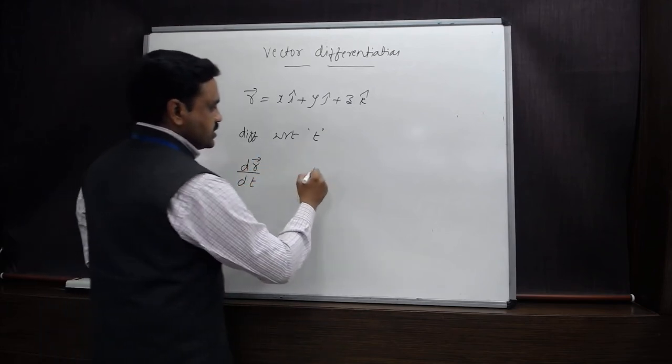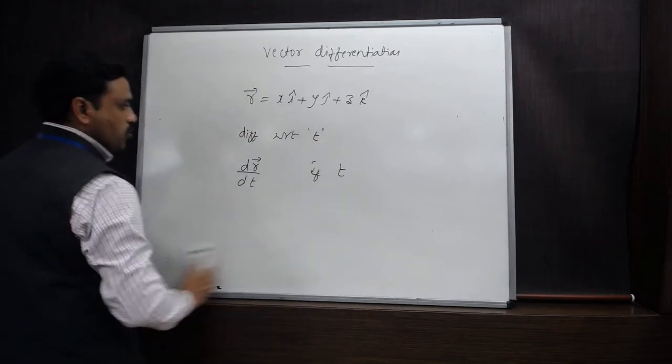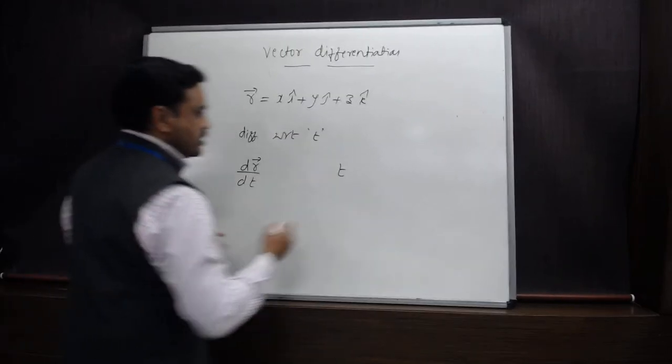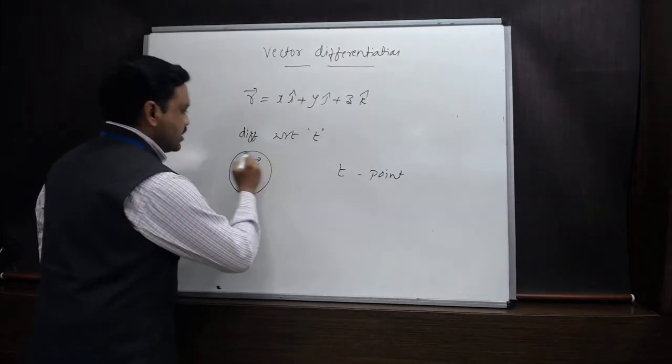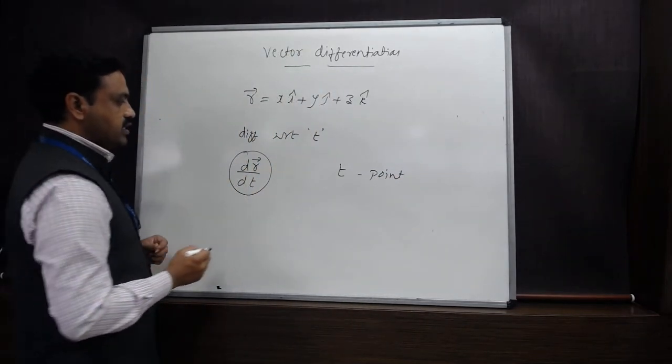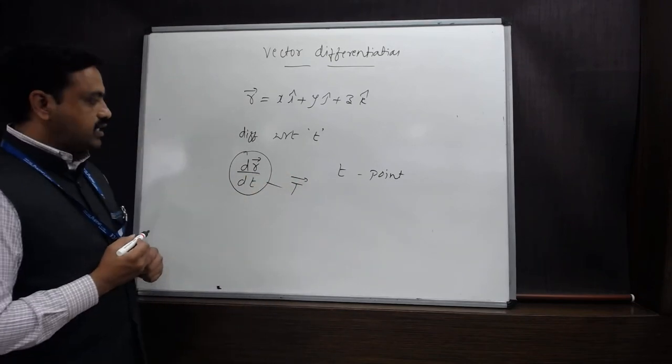If we consider t as a point, then dr by dt, the derivative of r with respect to t, gives a tangent, the slope of the tangent, denoted as T.